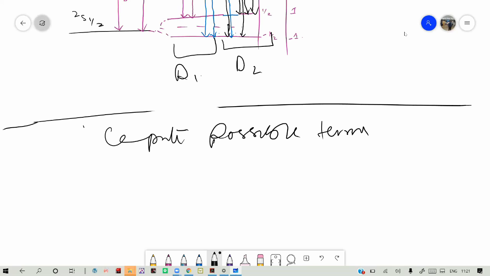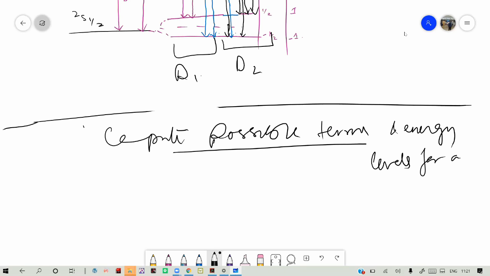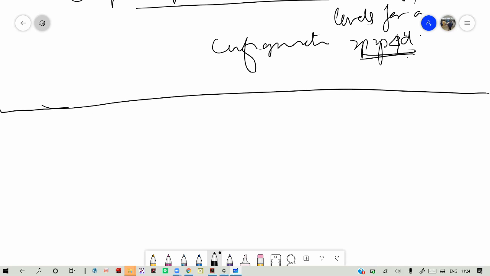I have given this as an assignment, but nobody has done it. For a configuration with 3 electrons, it is 2p, 3p, and 4d. A good, simpler example.